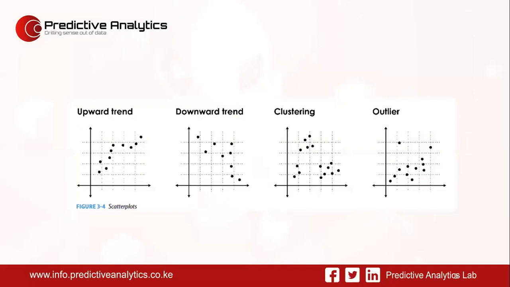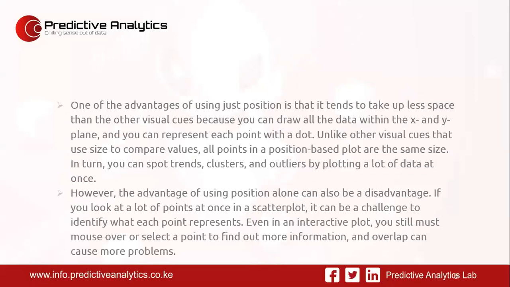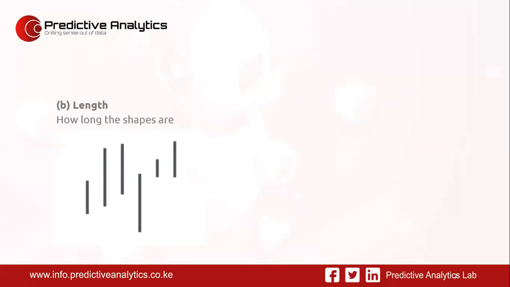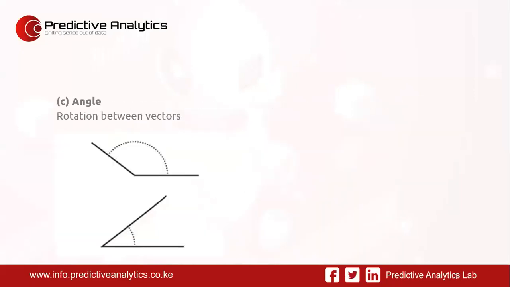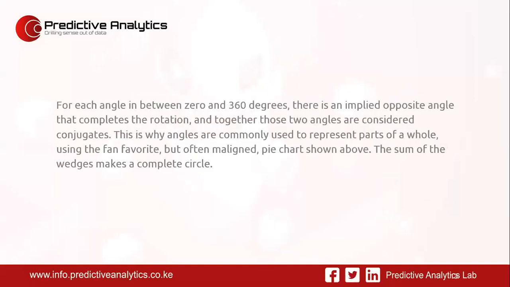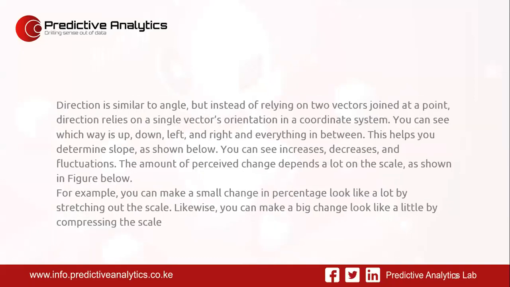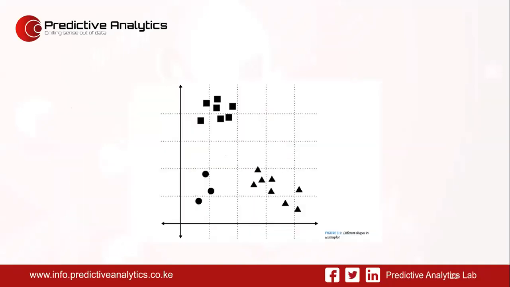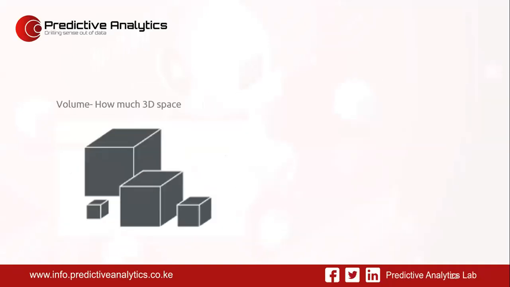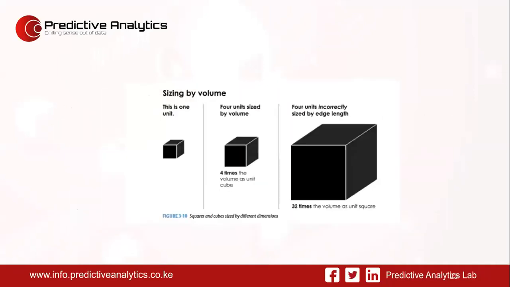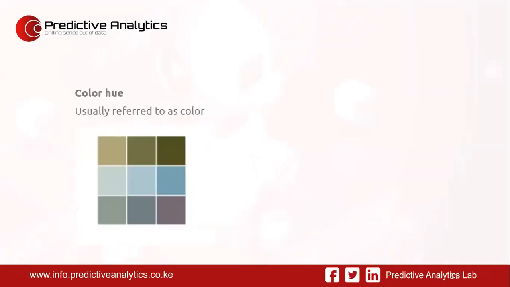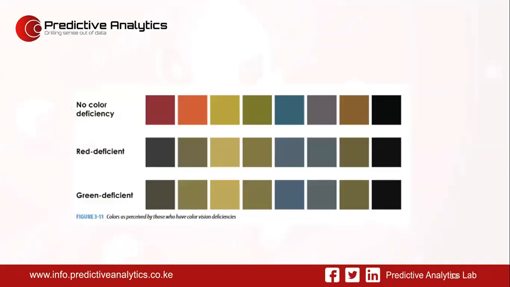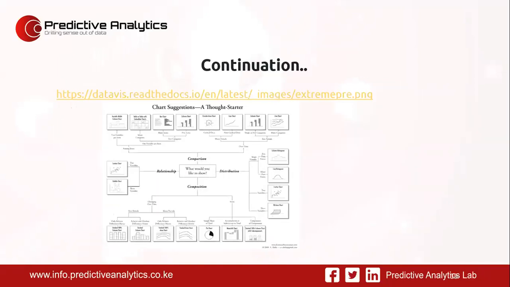By now you have these notes. I think no, not yet. You don't have these ones, but I'll share at the end of the lesson. We looked at length, angle, direction, shapes, area and volume, color, that was hue and saturation, and we looked at color blindness deficiencies.